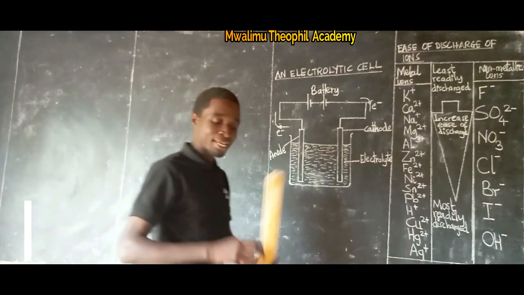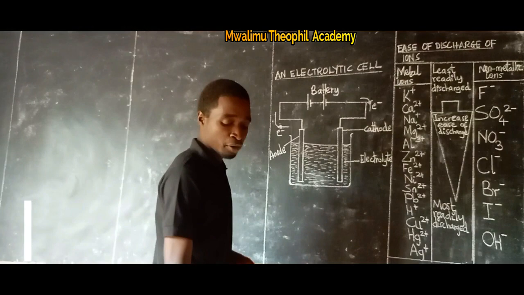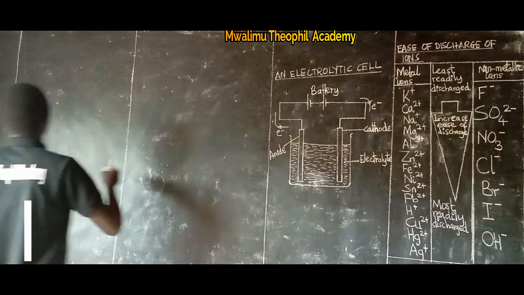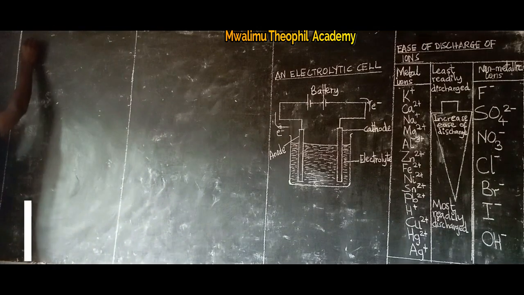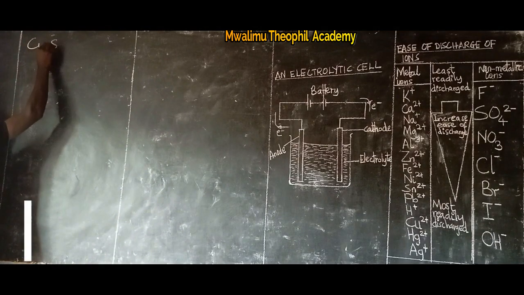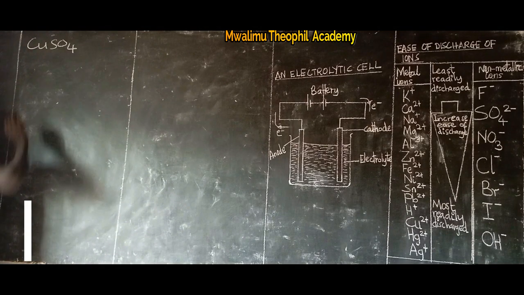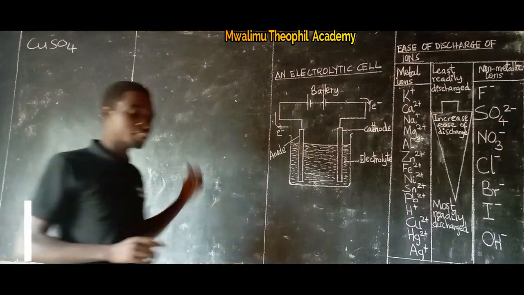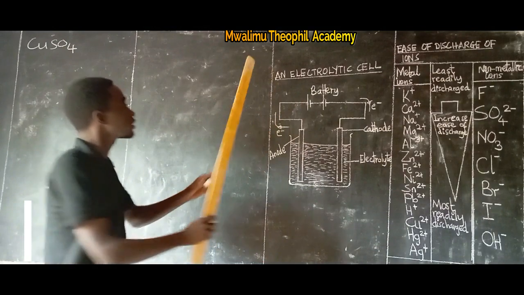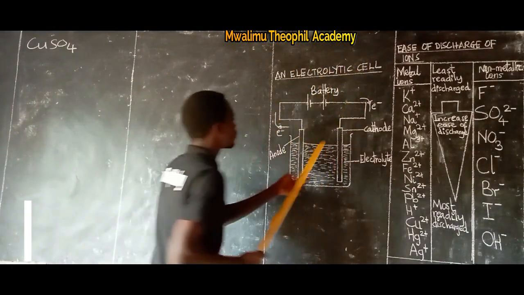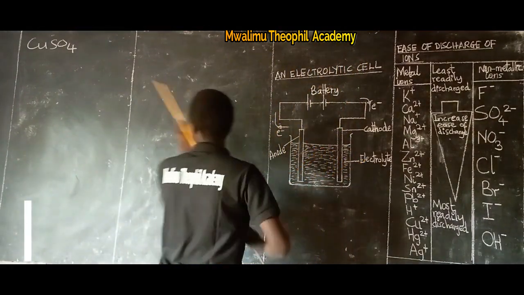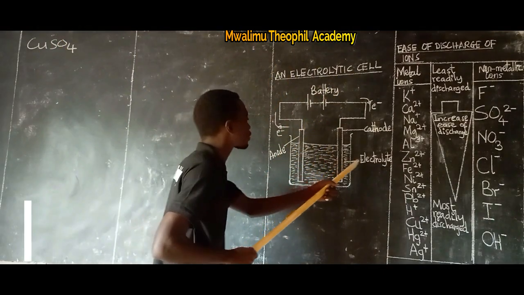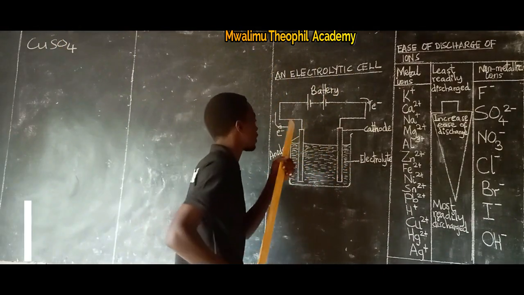Now, let us see, for example, if the electrolyte you have is copper 2 sulfate. What ions will be present in this kind of solution? Assume this is an electrolytic cell, and the electrolyte is made up of copper 2 sulfate.